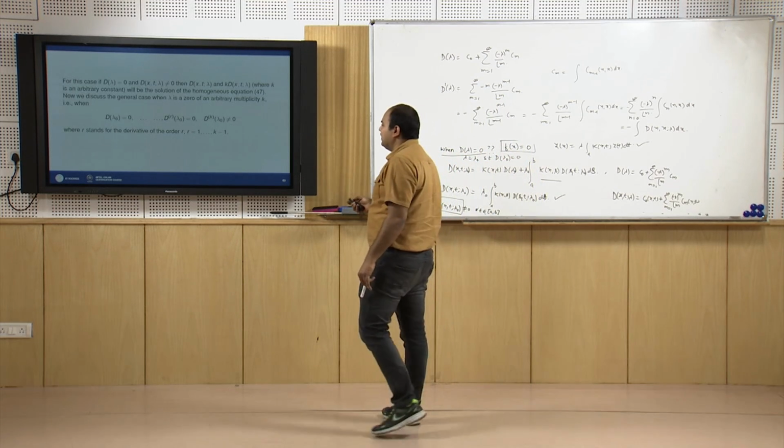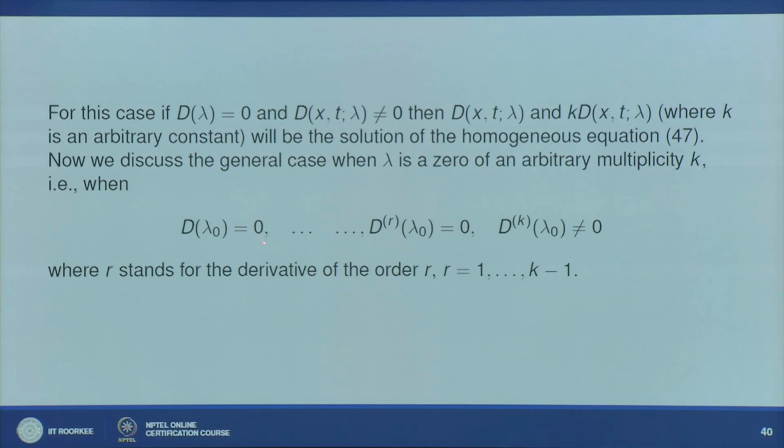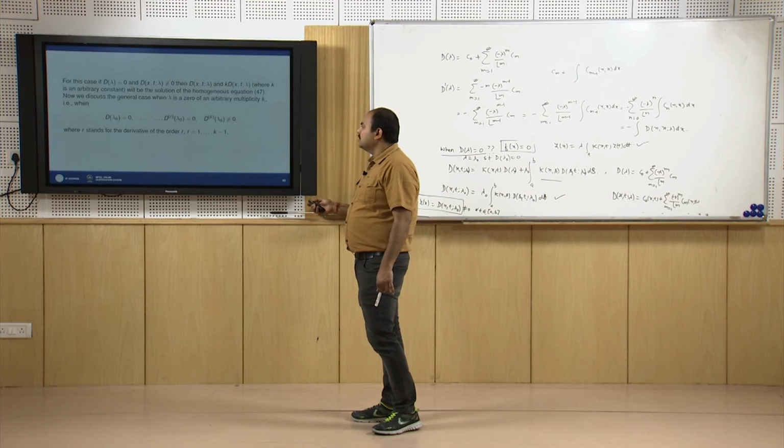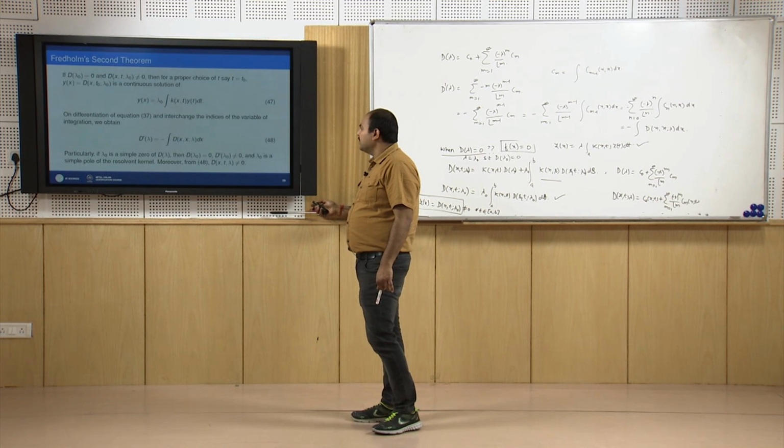So it means that D lambda naught is 0, and up to the (k minus 1)th derivative at lambda naught is equal to 0, but the kth derivative evaluated at lambda naught is not equal to 0. So here we say that lambda equal to lambda naught is a 0 of D lambda of order k, right, and here we try to find the solution of our homogeneous Fredholm equation given by 47.